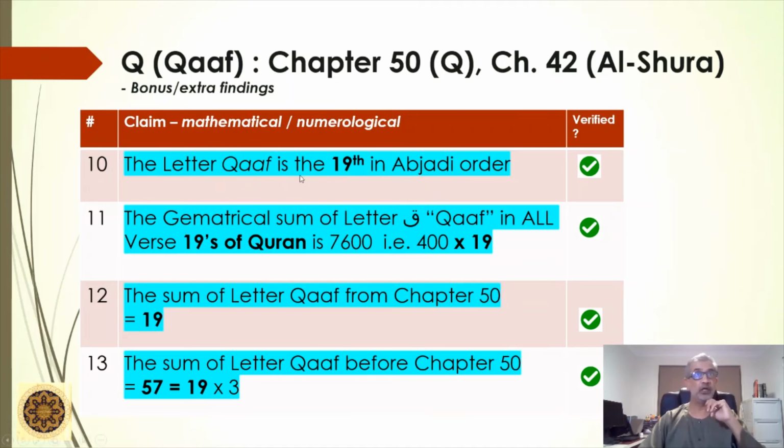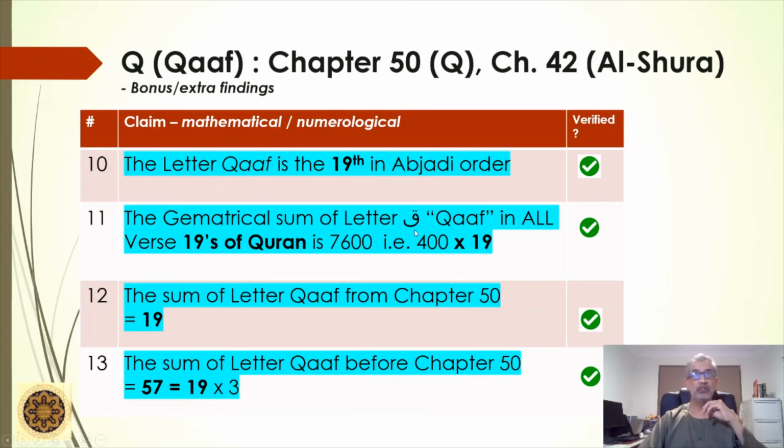The letter Qaaf is the 19th letter in the Abjadi order. The Arabic letters have 2 orders. One is the Abjadi, where the weighted numbers come up, and the other is the Hijai, which is the format you use when you learn to read. But in the Abjadi order, the letter Qaaf, interestingly enough, is the 19th character.